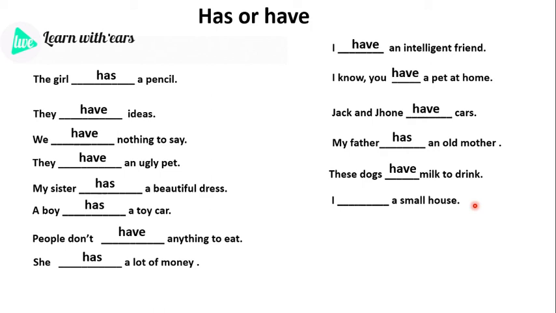Next, I, a small house. With I we use have. When we talk about the existence of something, we use have. I have a small house.